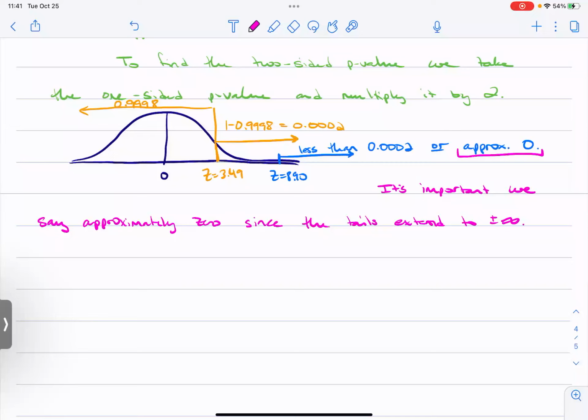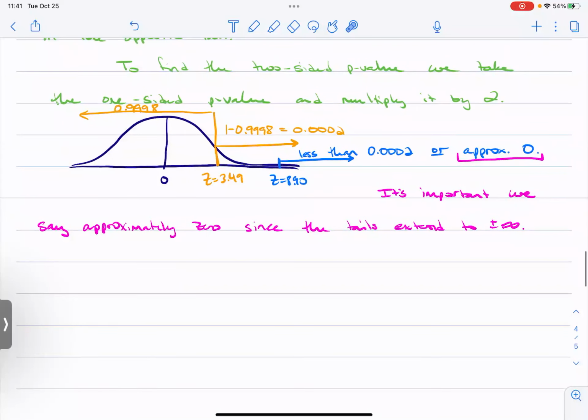Okay. So depending on how particular you want to be, less than 0.0002, that's an answer for the one-sided p-value, or you can say approximately 0. Obviously, it depends on how the question is programmed, but there'll be instructions usually.